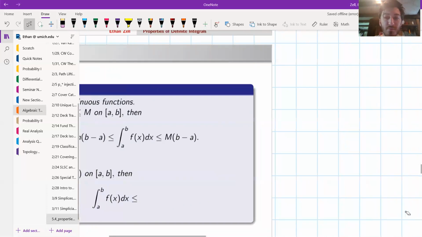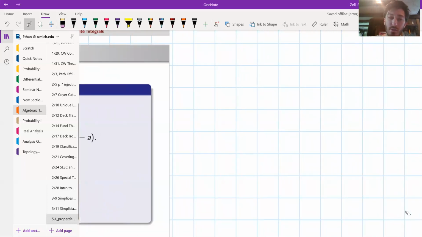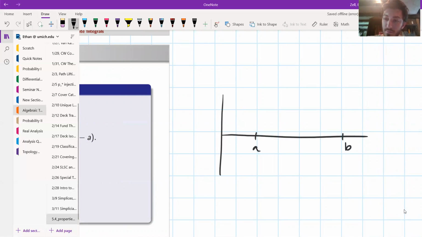So let's give ourselves a coordinate axis. And we have a and b. And I'll draw a function f. So maybe something like that.